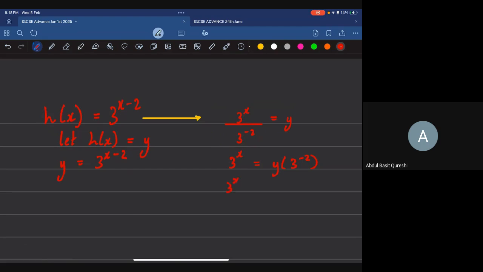So it's going to be y times 1 over 9, technically y over 9. But Basit, how do I remove x from the power?